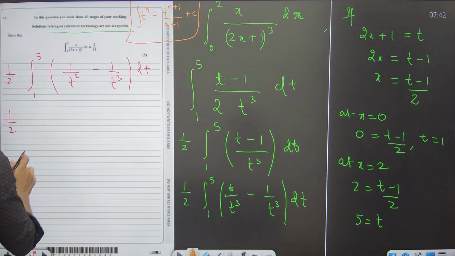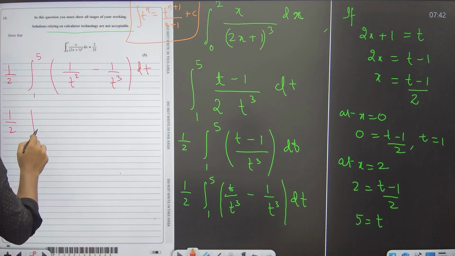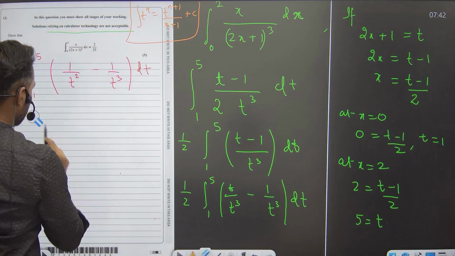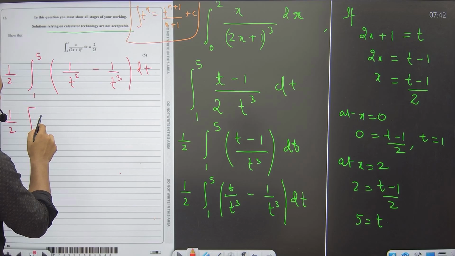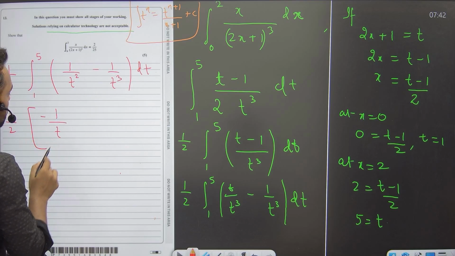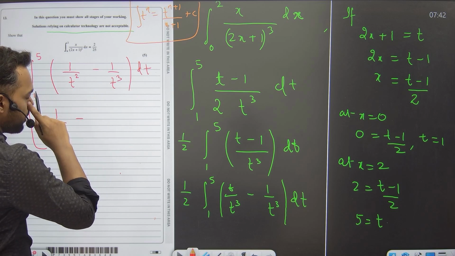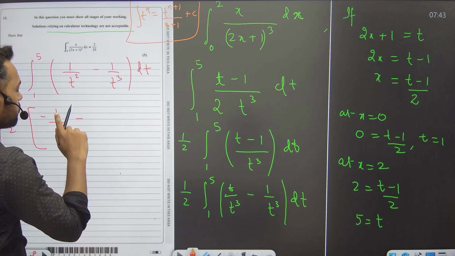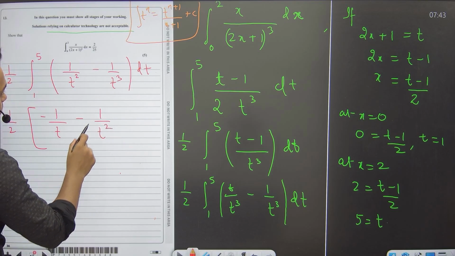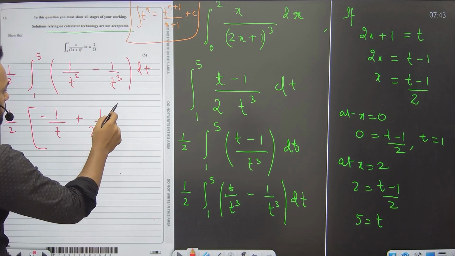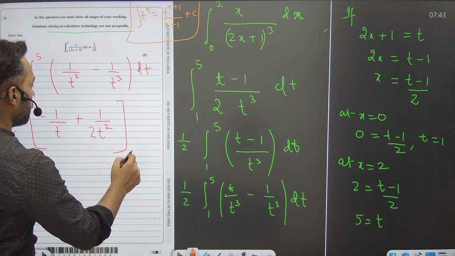So here we will get 1 by 2 integration from 1 to 5. We are directly integrating, students, so we will get negative of 1 by t. Similarly, here you will get minus t to the power minus 3 plus 1, which will be t to the power minus 2, so 1 by t to the power 2, from 1 to 5.